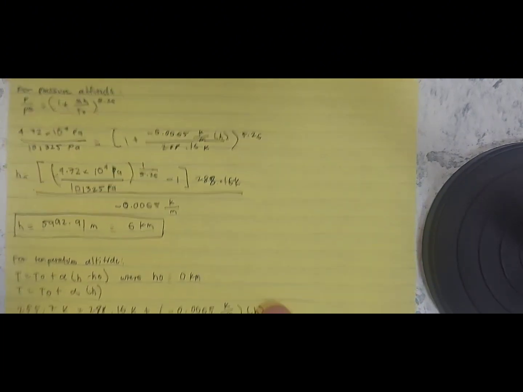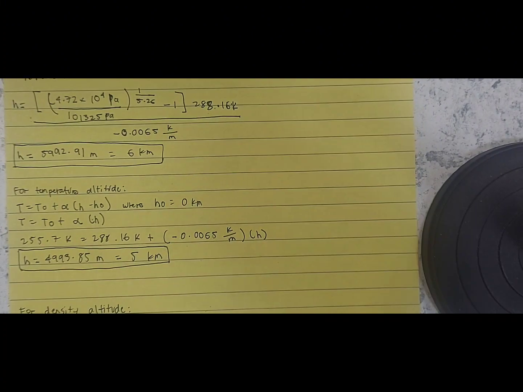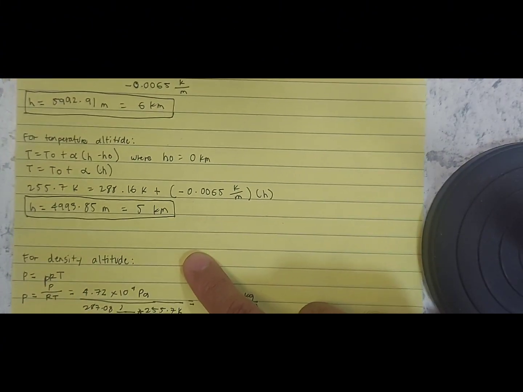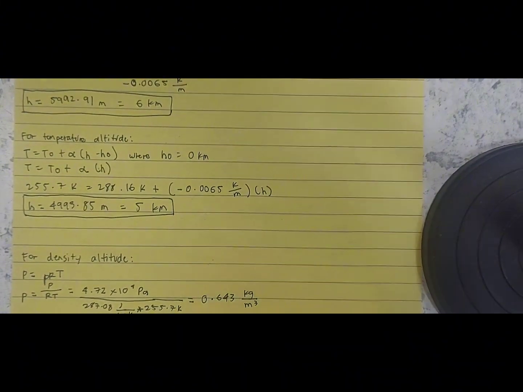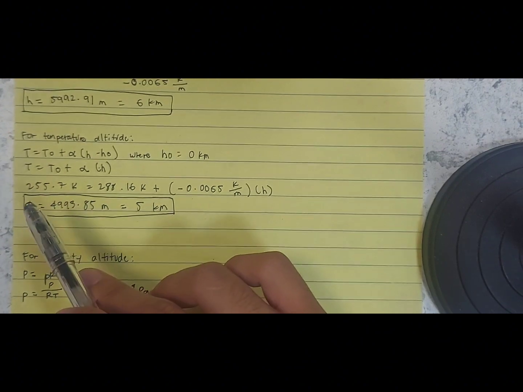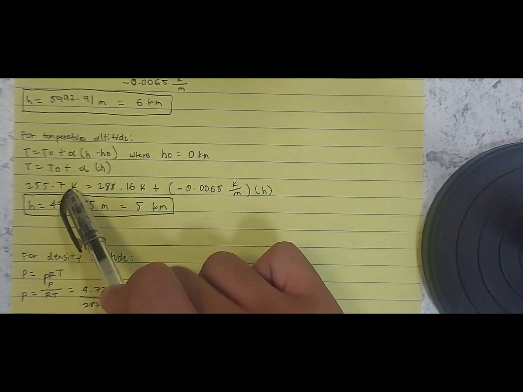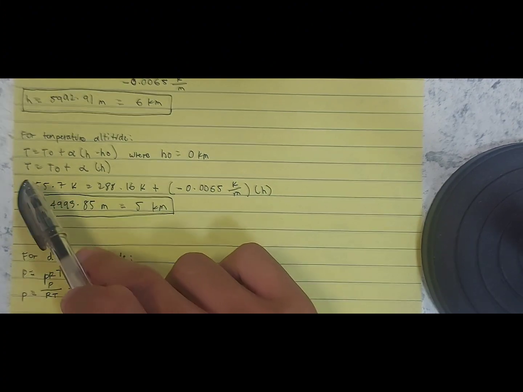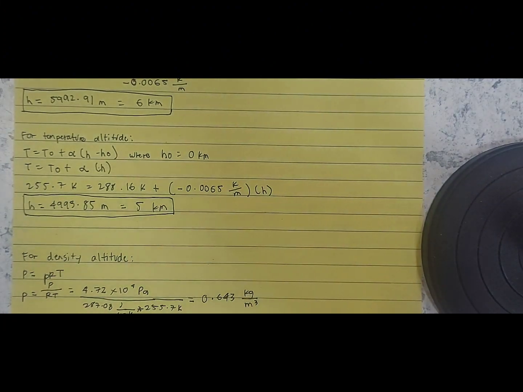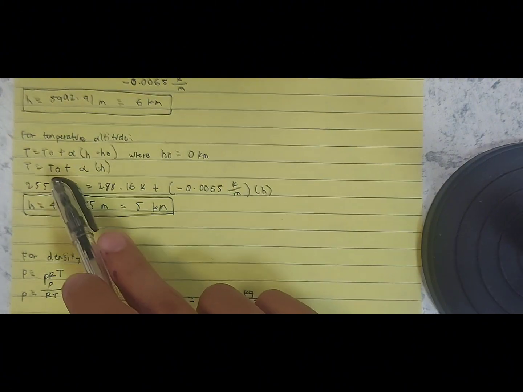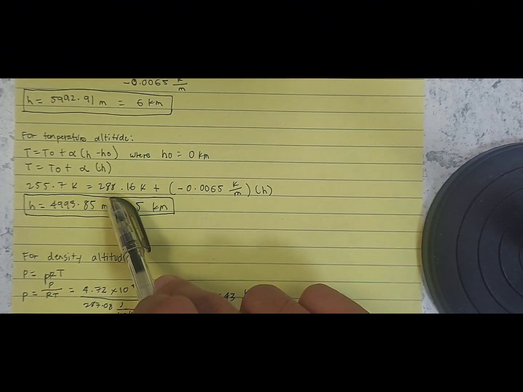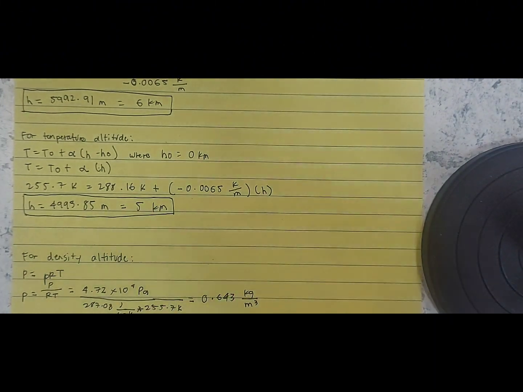So, pag pumunta naman tayo sa temperature altitude, kukunin yung equation ng temperature in function with the altitude. So, for us to do that, ang ambient temperature is 255.7 Kelvin. That would be the T, then ang given sa T sub 0 will be 288.16 Kelvin.